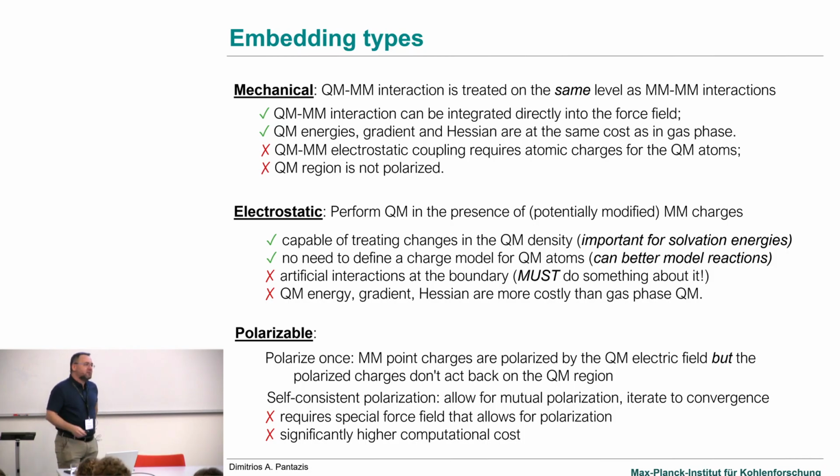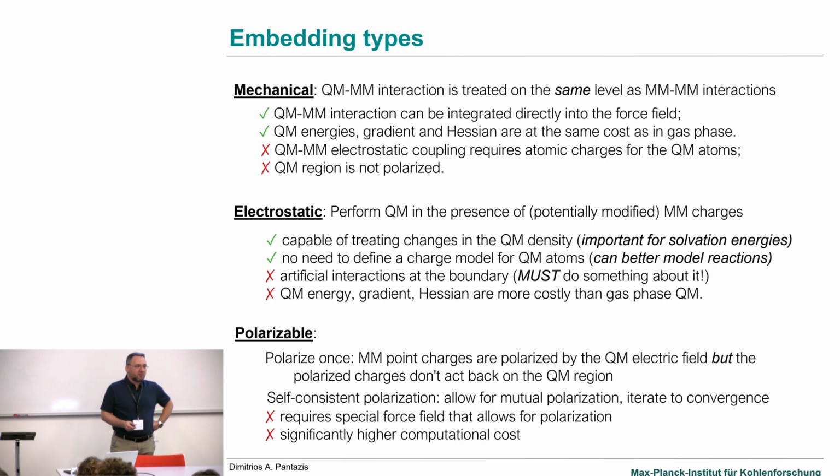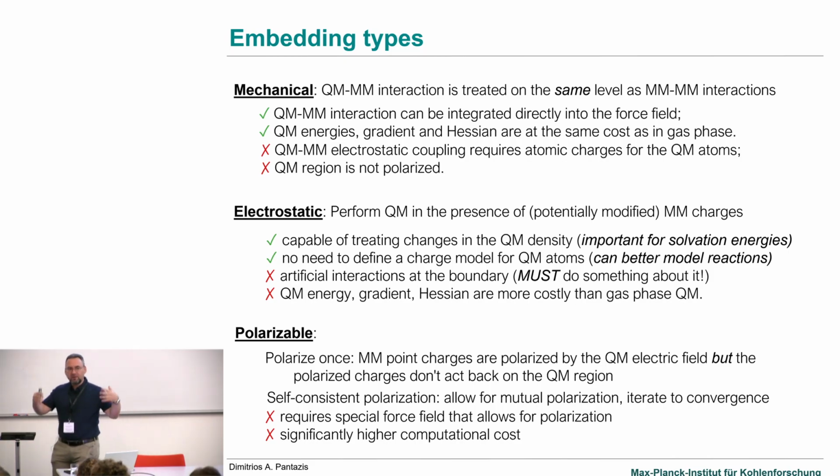And this relates also to the sort of embedding that we're doing. So these are also called embedded methods. We can have a simple mechanical embedding where simply the QM region is kind of fixed through mechanical forces, let's say. Or we can have electrostatic embedding, which is in many cases the minimum you should do.